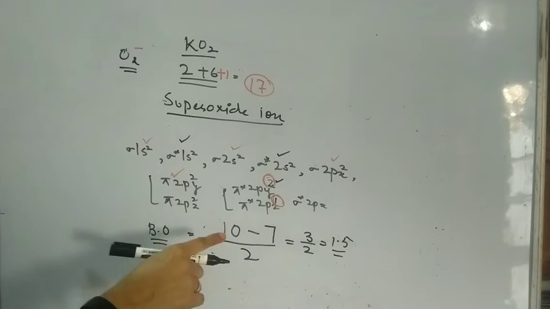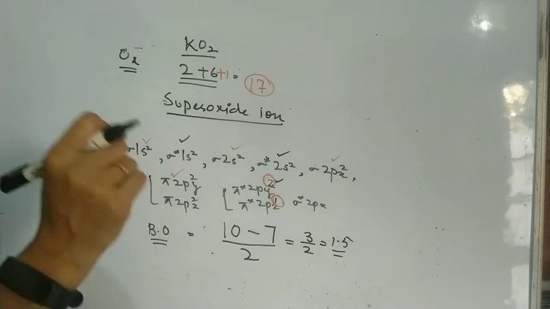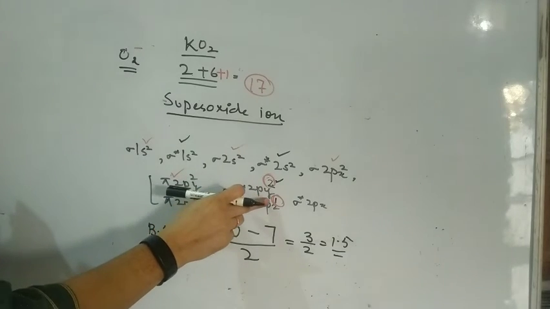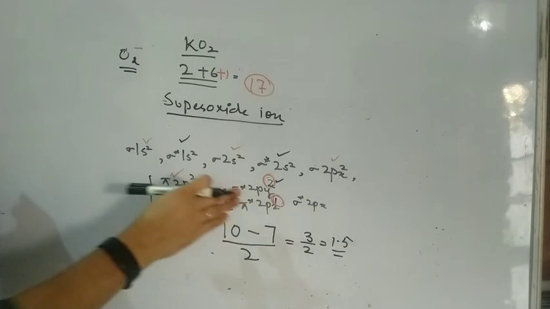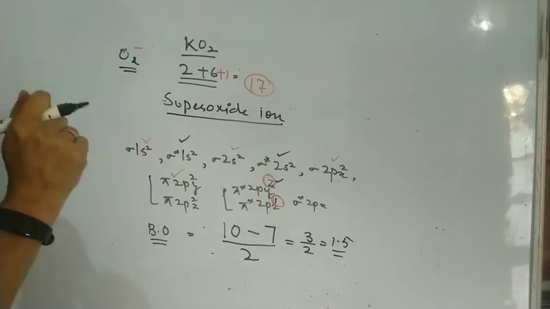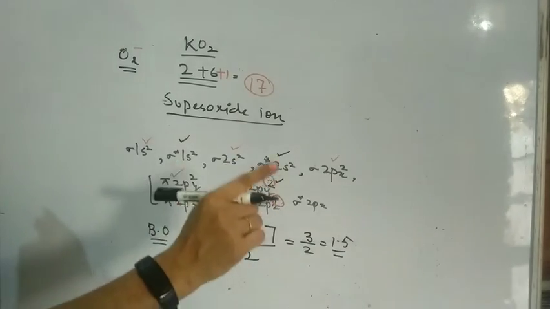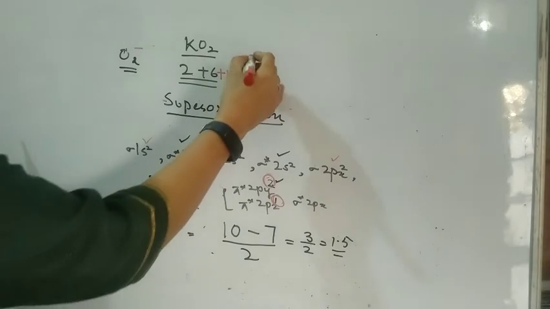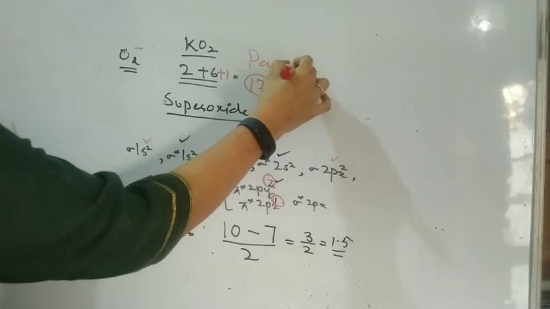Okay. So this is about the bond order. Now we'll see about the magnetic behavior. Here we are having one unpaired electron. We are checking whether there is an unpaired electron or not. Yes, there is an unpaired electron here. We are having one unpaired electron, that's why it is also paramagnetic in nature.